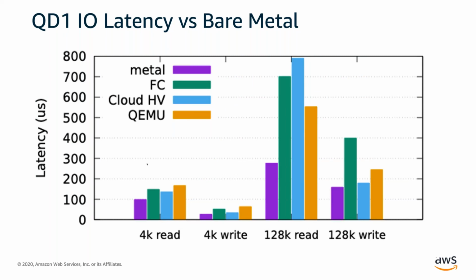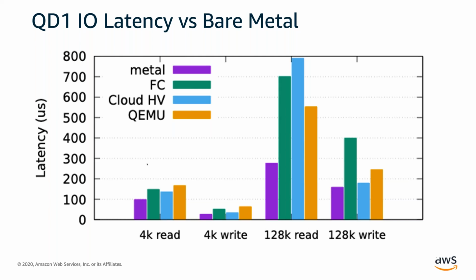Look next at QDEP1 IO latency. So this is kind of serial IO latency, send one, wait for it to be done, send the next one. 4K reads and 4K writes, really great IO latency here. Similarly with 128K read, what you can see there is we're starting to have about a 2x overhead over bare metal.